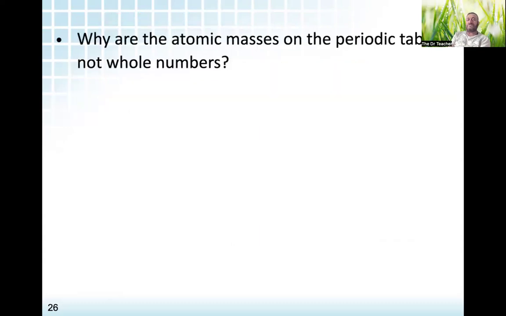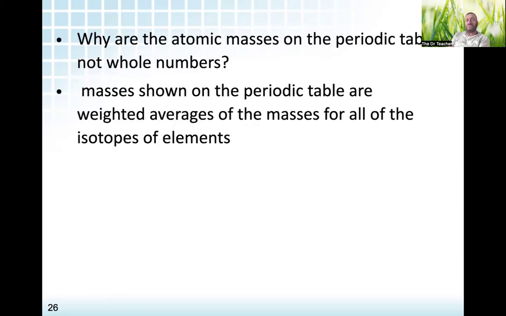Why are atomic masses on the periodic table not whole numbers? The masses shown on the periodic table are weighted averages of the masses of all isotopes. Be careful here: we have isotopes for elements. What does it mean?